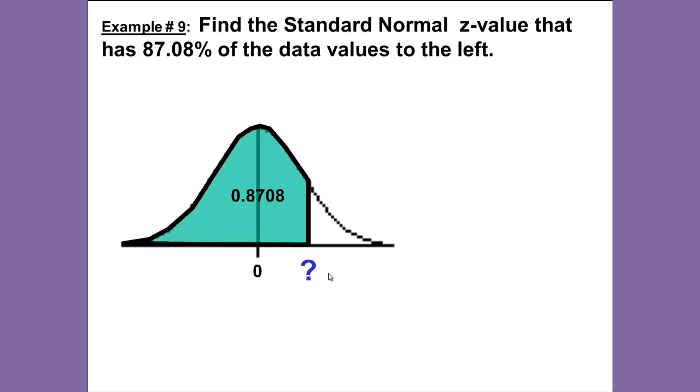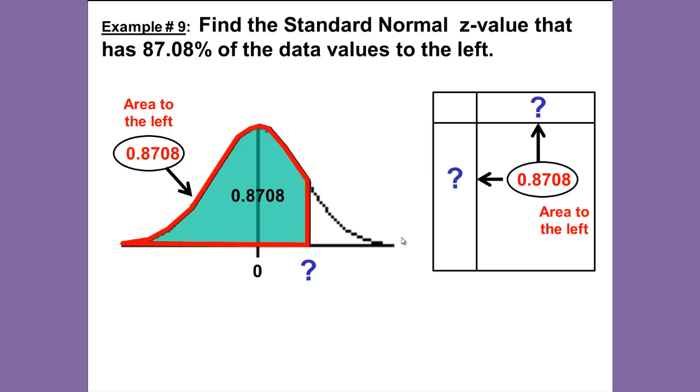The z-value will be on the edge of your table. So start in the center to find the answer that you were given, the 0.8708. And then our answer for the problem will be at the left and top.